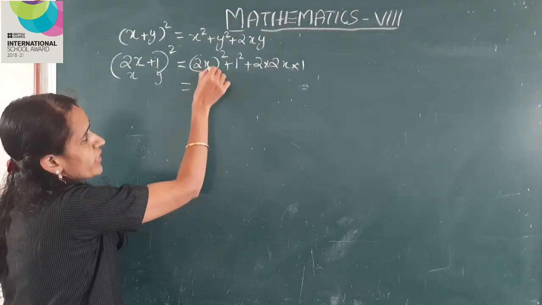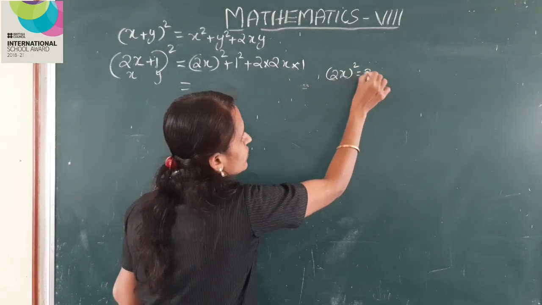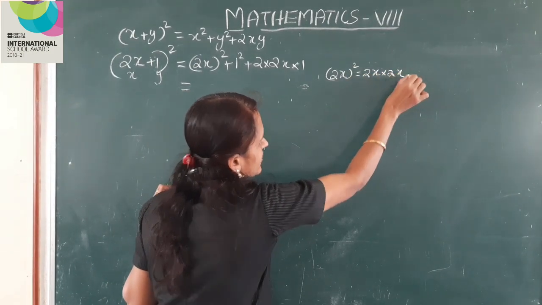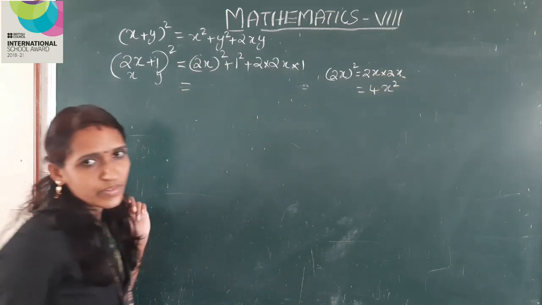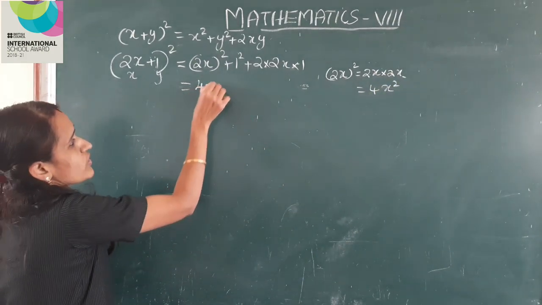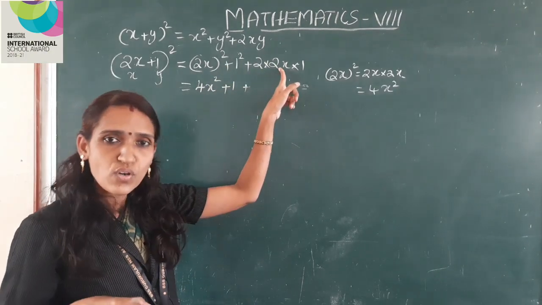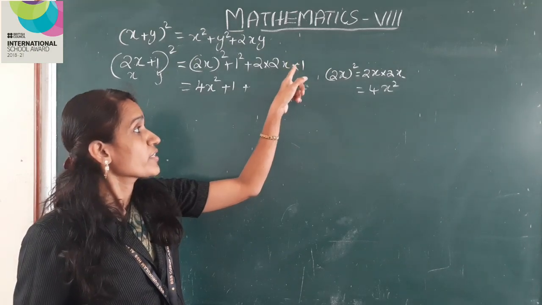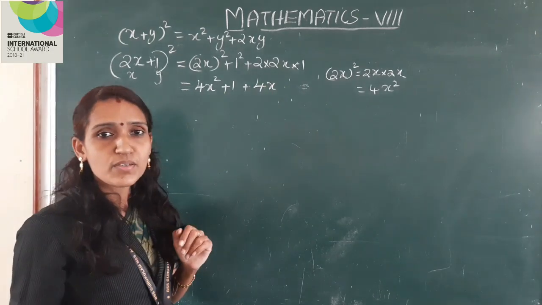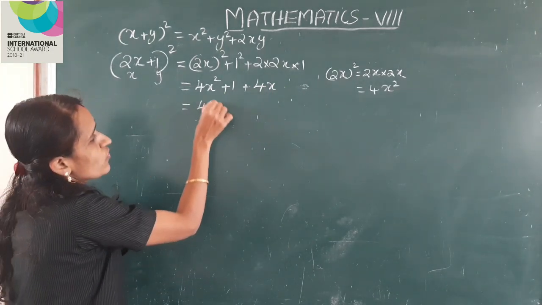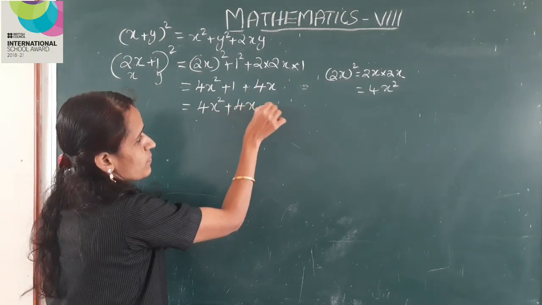Here 2x whole square is 2x into 2x, 2 into 2, 4, x into x, x square. So 4x square plus 1 square, which is 1, plus 2 into 2, 4x into 1, 4x. This is equal to 4x square plus 4x plus 1.